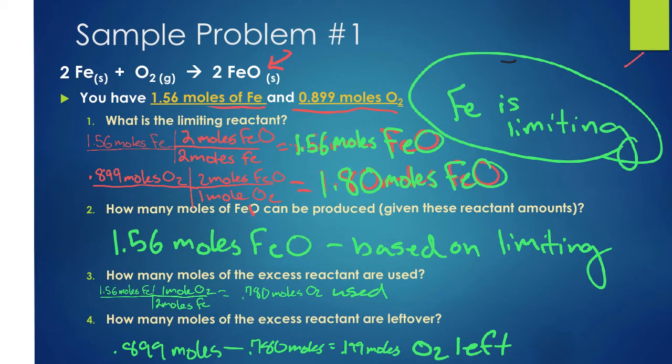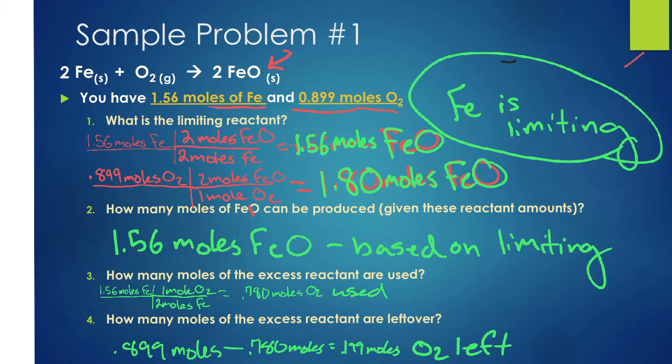Okay, so now we solved the second part of the problem. So here we took how many moles of iron that we actually used, because that was the limiting reactant, and then we converted that into oxygen, so that tells us how many moles of oxygen we used. Now, we started with 0.899 moles, and so if we subtract the two, we're left with 0.199 moles of O2 left.